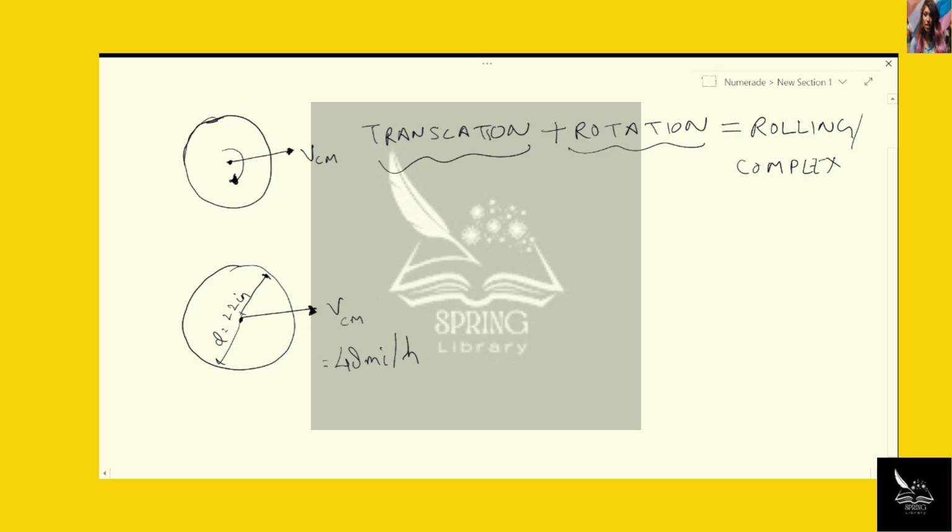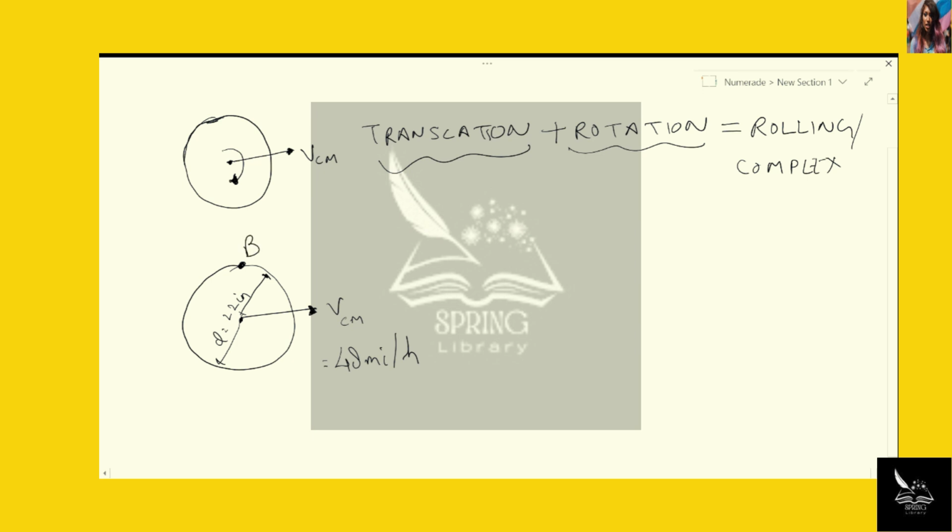Now, how about somebody asks us the velocity at different points? Let's say we want to find out the velocity at this point. Let's call it point B. And let's also figure out velocities at some other points.